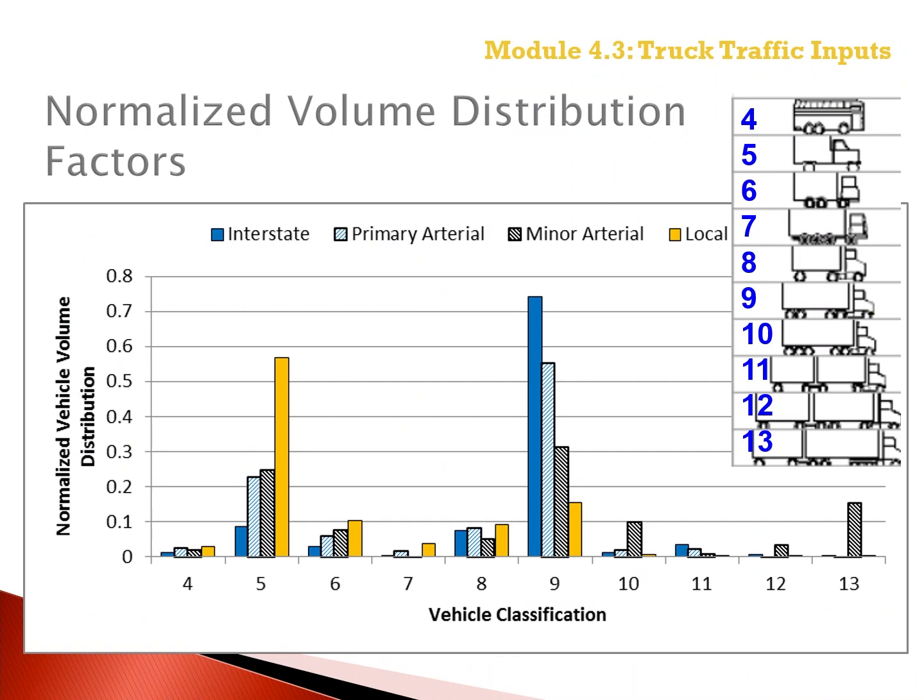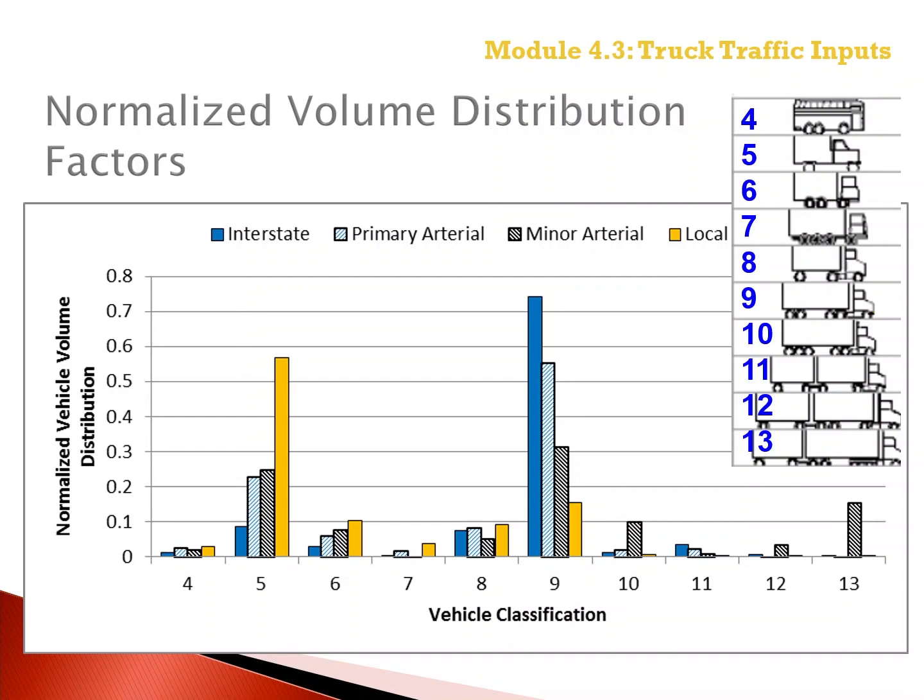The normalized truck volume distribution factor is the percentage or ratio of an individual truck volume within the total truck volume or average annual daily truck traffic. The normalized vehicle volume distribution is determined from the WIM data and/or vehicle classification data that's collected over time.